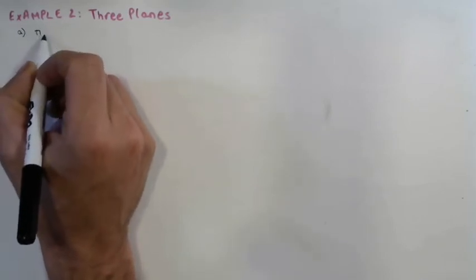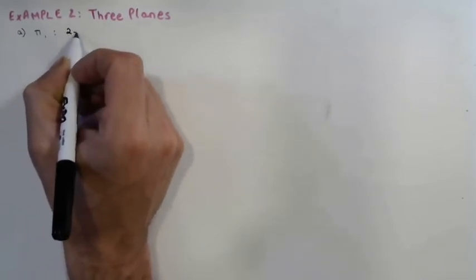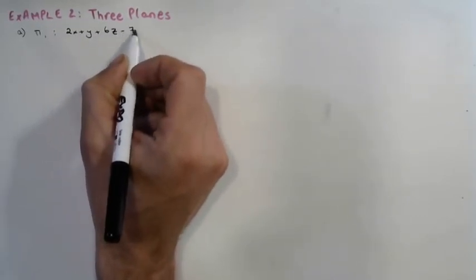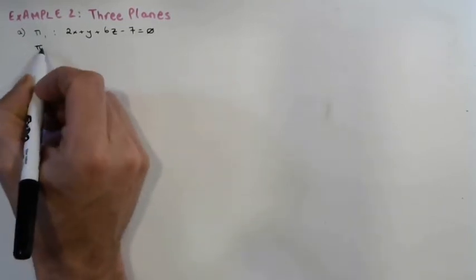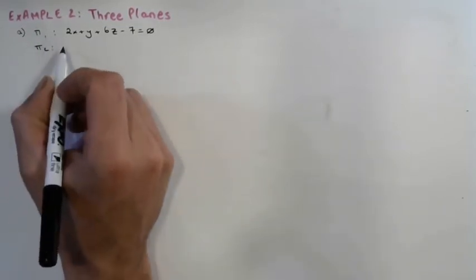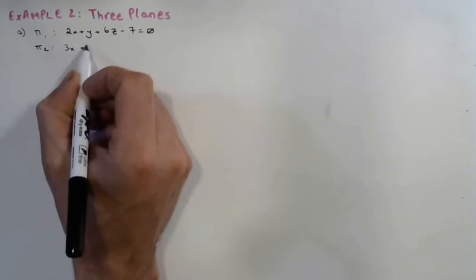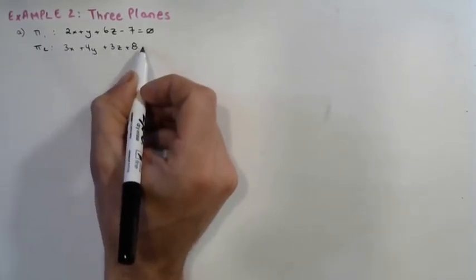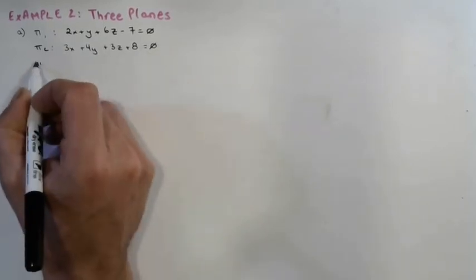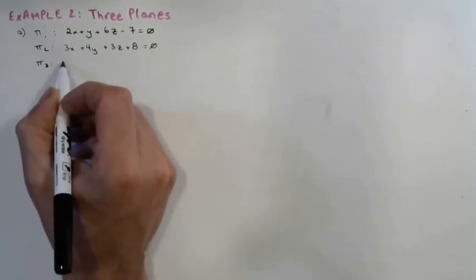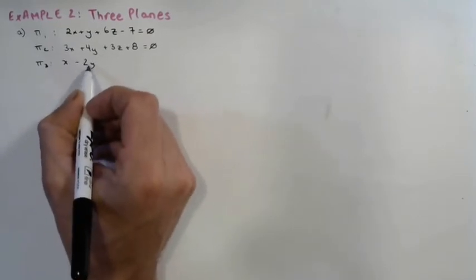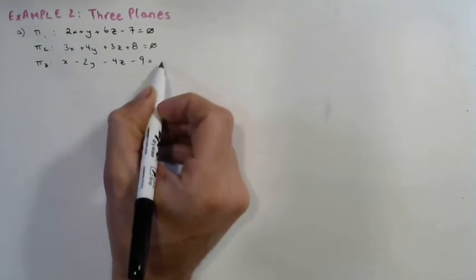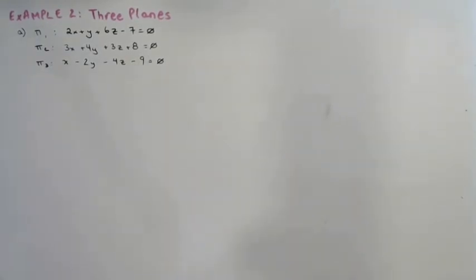Plane 1 is 2x plus y plus 6z minus 7 equals 0. Plane 2 is 3x plus 4y plus 3z plus 8 equals 0. Plane 3 is x minus 2y minus 4z minus 9 equals 0.